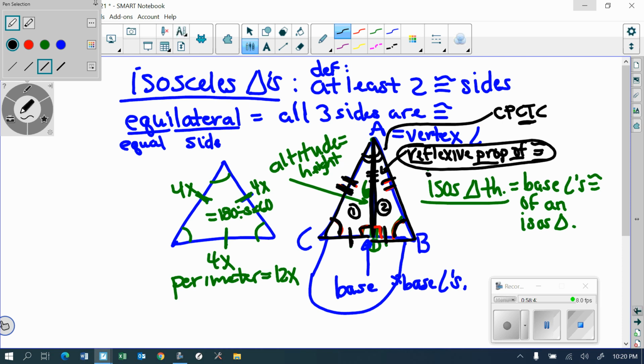Those are called corresponding angles. They match up the same angle measure in the other triangle. That's called corresponding. So we have 3 corresponding angles and 3 corresponding sides. So we would say that there's 6 corresponding parts in all triangles.